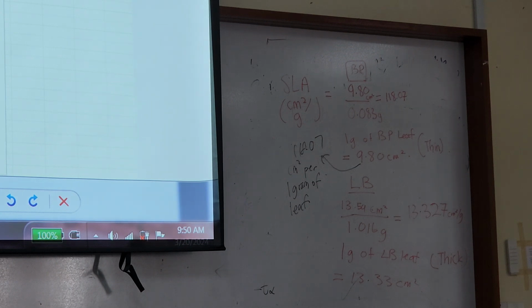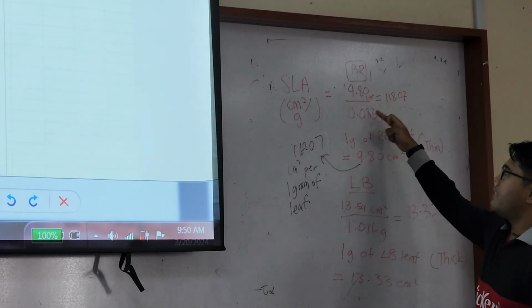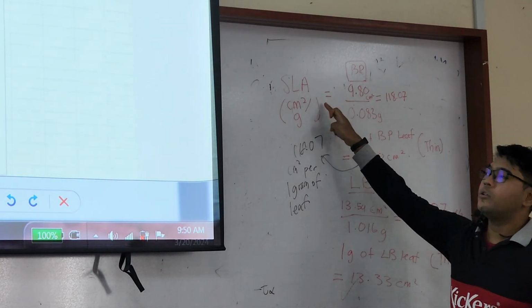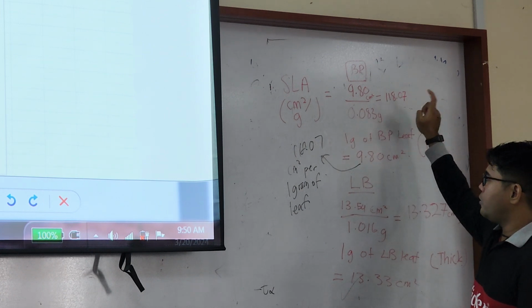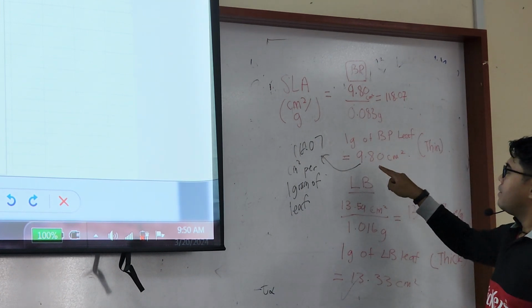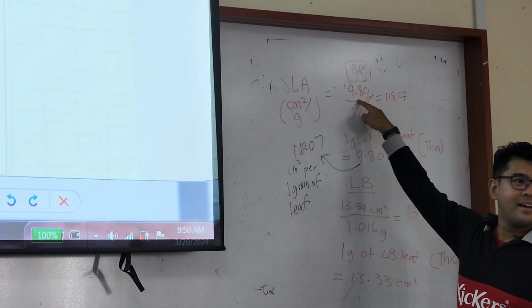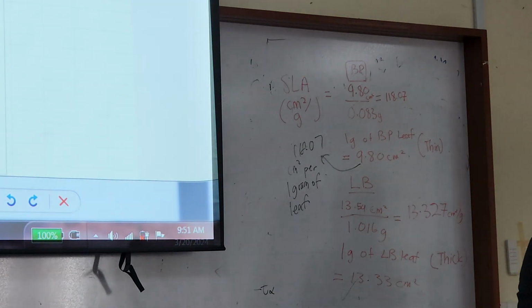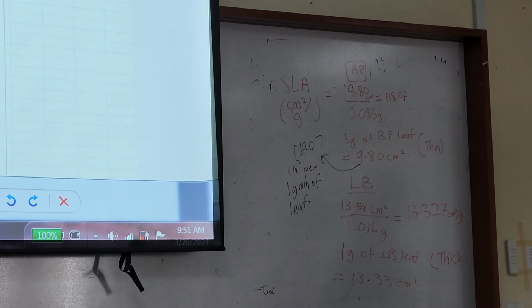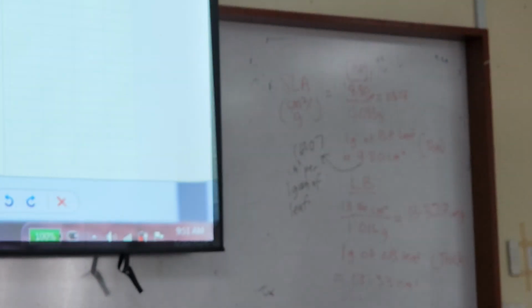Tengok sini. I divide this by this. Then I got this example for SLA. So sepatutnya this value yang ditulis. Tapi kenapa aku tulis sini balik? Kan tak apa betul tu. So kenapa tadi cakap betul? So kalau cakap betul tu maksudnya tak berapa faham lah.